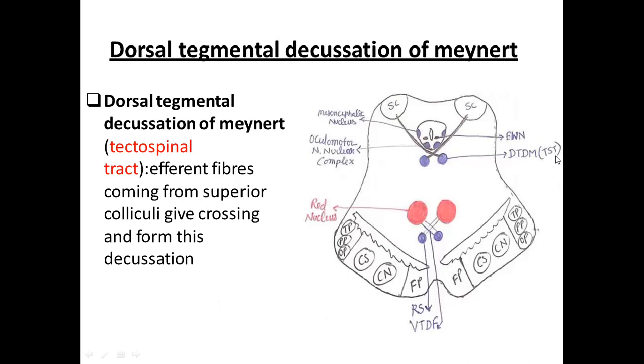Efferent fibers coming from the superior colliculi cross and form this decussation, known as the dorsal tegmental decussation of Meynert, which is nothing but the tectospinal tract.